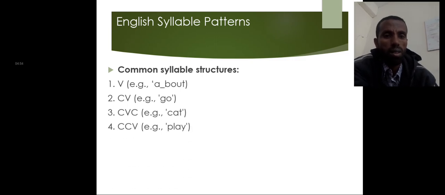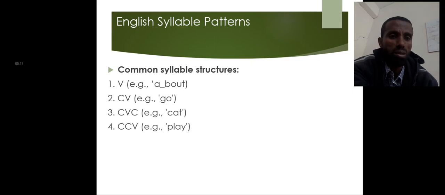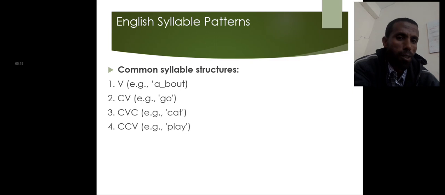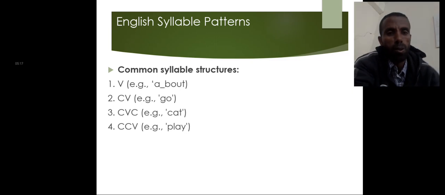And we can also have CCV. English allows two consonants at the beginning of a word. That's the meaning we can understand from the syllabic pattern, CCV. Because there are some languages which do not allow the CCV pattern. This is English, so in English it's possible.